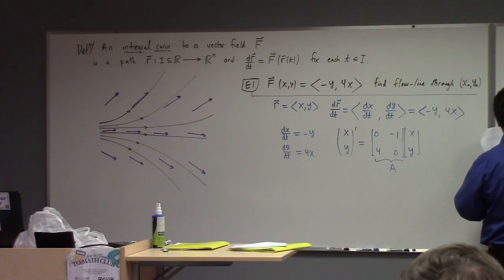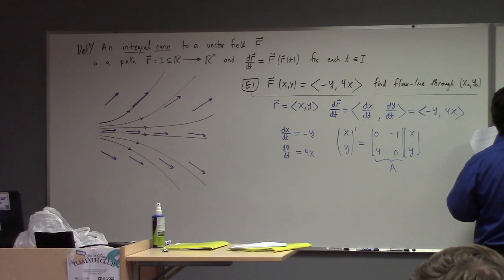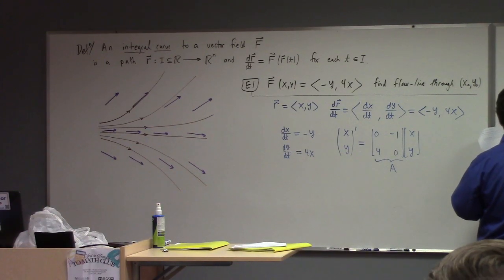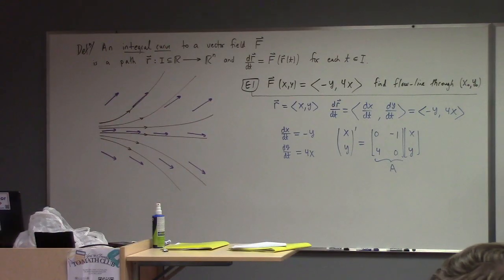And as such, we find the general solution has the form r of t equals c1 times (cos 2t, -sin 2t) plus c2 times (sin 2t, 2 cos 2t).